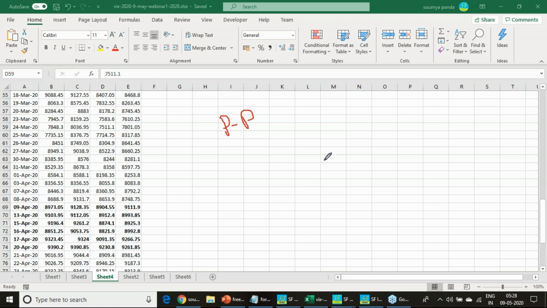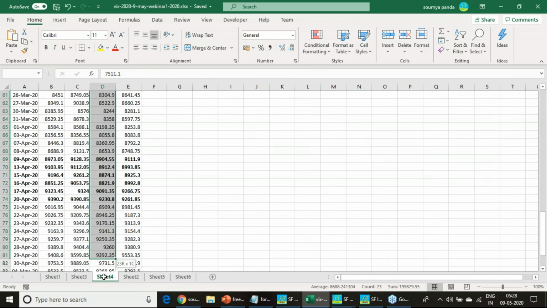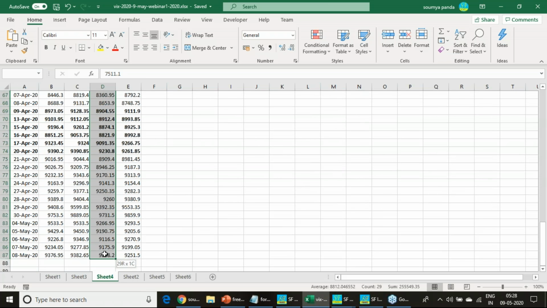I am going to show you the proof of this fact here. Just have a look here. Nifty made a low on 24th March. All of you can see this. Recently it reversed from a level of 9889.